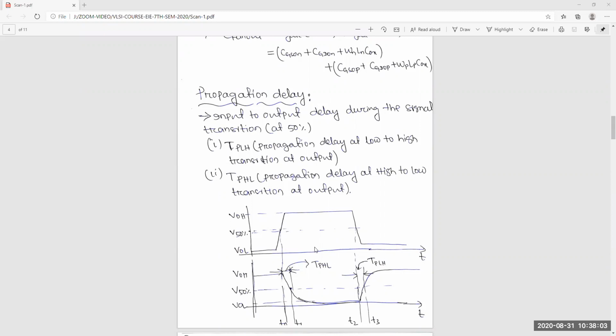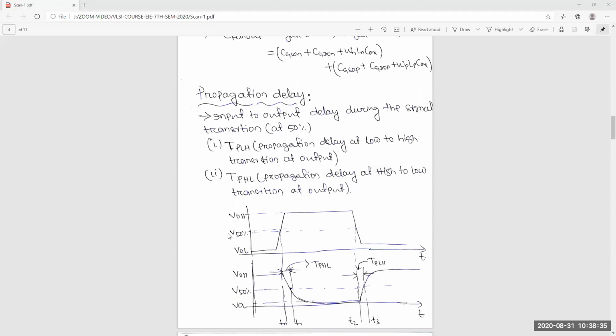Now see, due to that CL, how the curve is coming. It is not exactly like the input, because of that capacitance the discharge time is there. Initially at the output the voltage was high, VOH, and now it is discharging to VOL, but it is taking time.